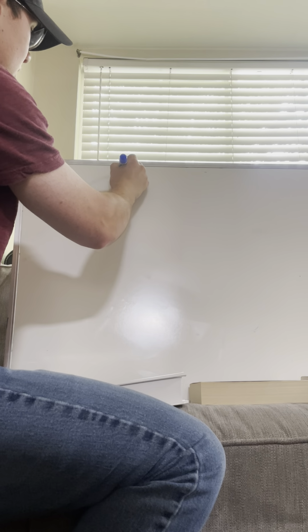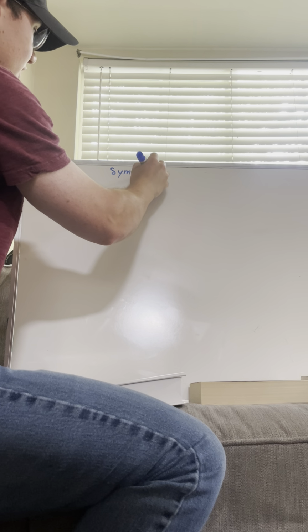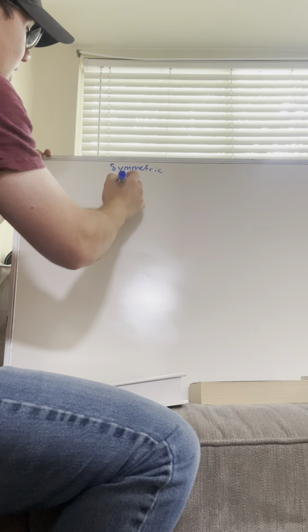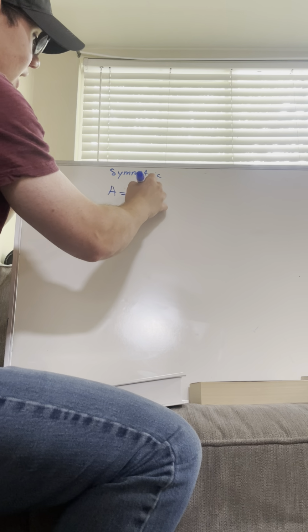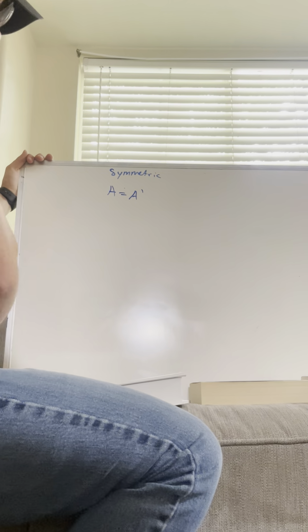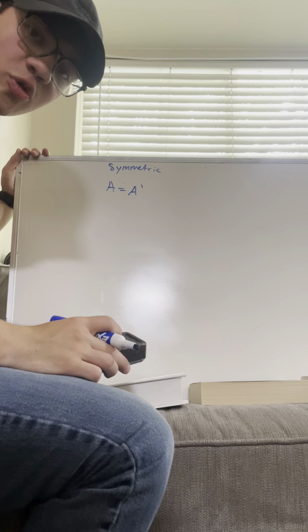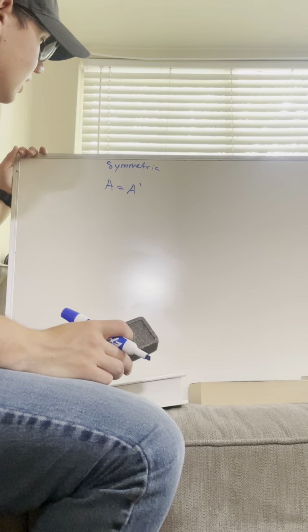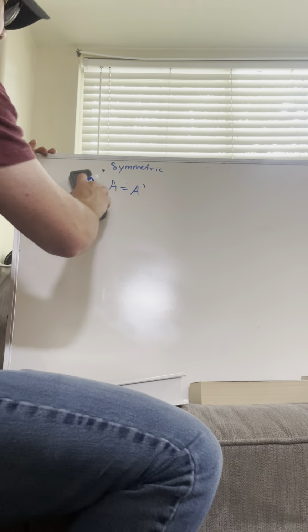Another important term is that a matrix is symmetric. What that means is that A and A transposed are the same thing. That can be useful for matrix algebra, knowing that you can take the transpose of it and it ends up being the same thing.